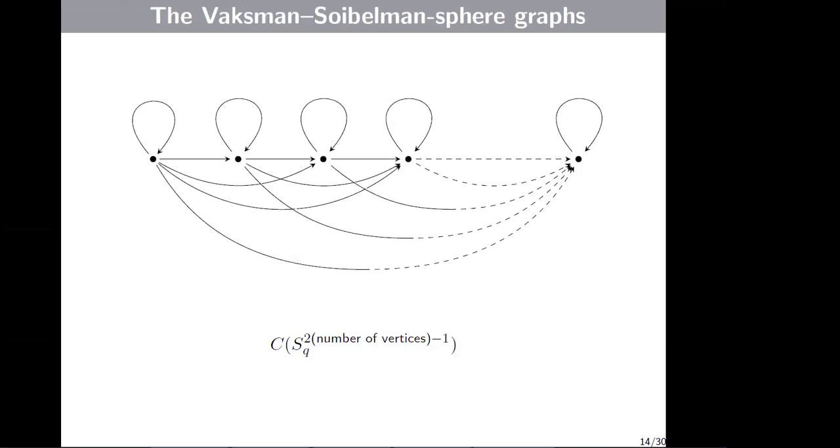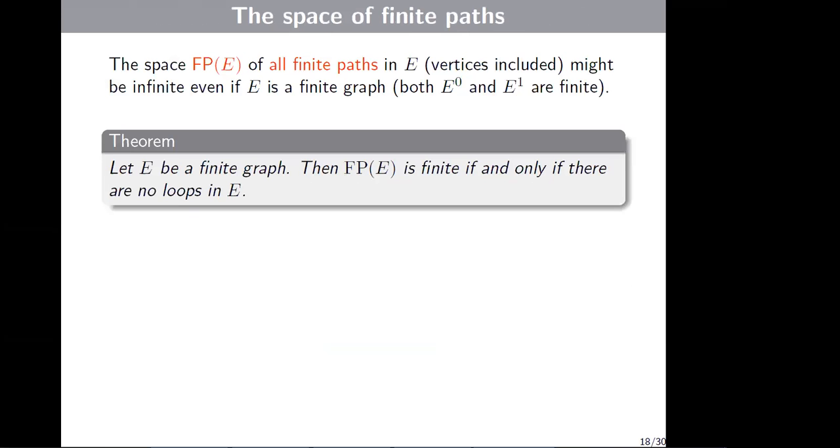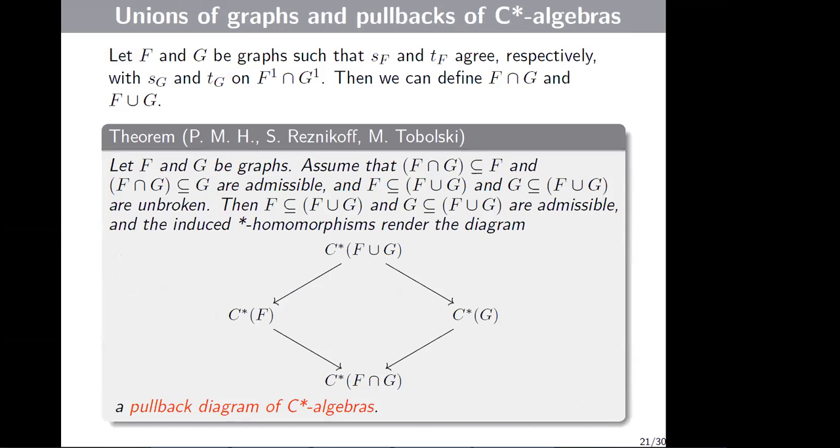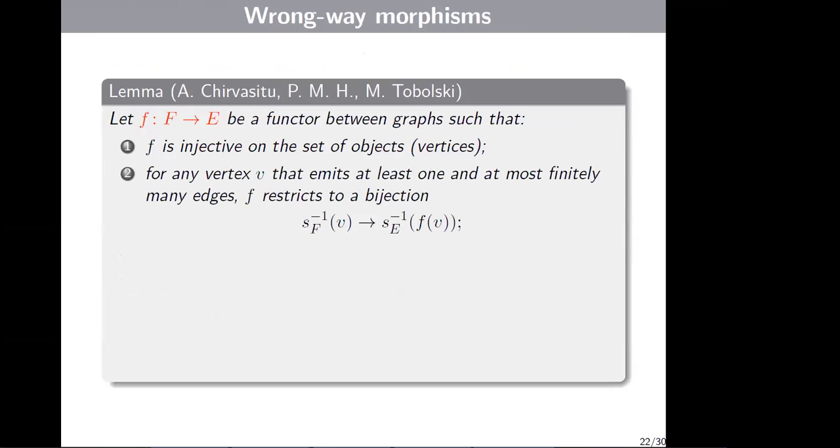And in order to make sure that this relation is not violated, I assume that for any regular vertex, which means one which emits at least one and at most finitely many edges, F restricts to a bijection, okay?